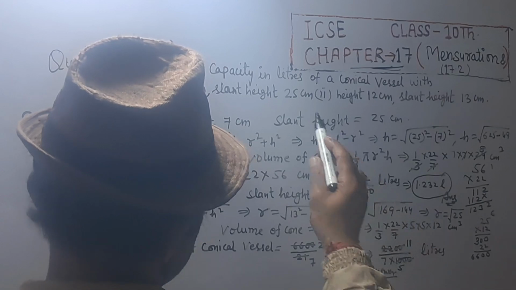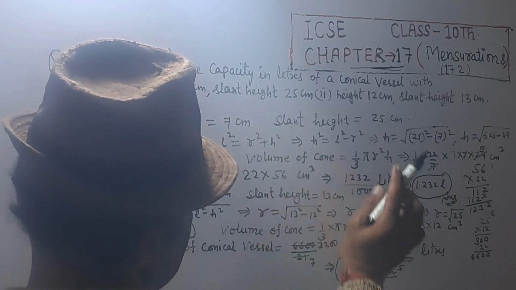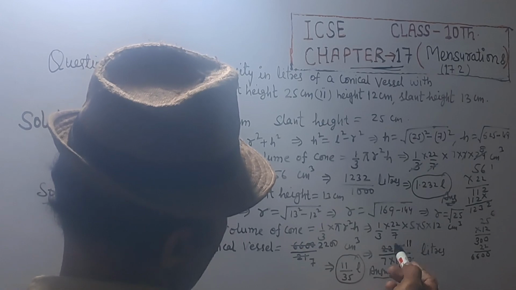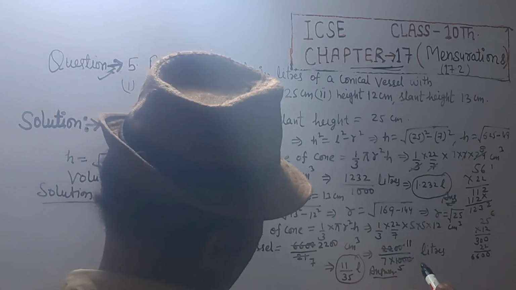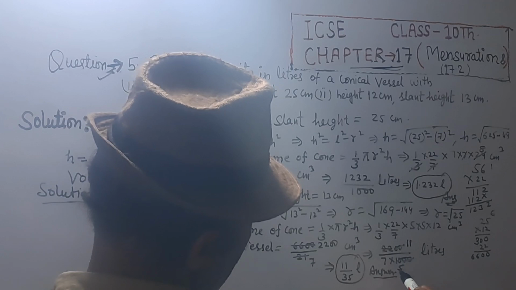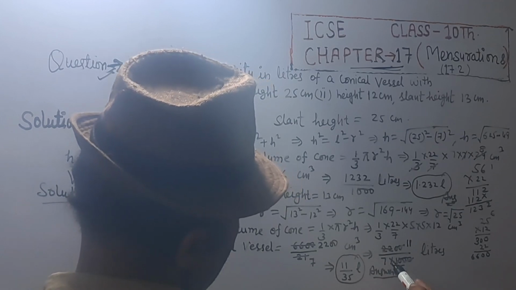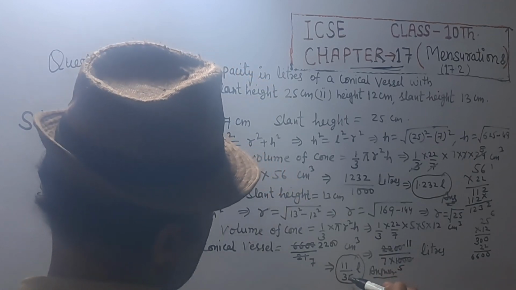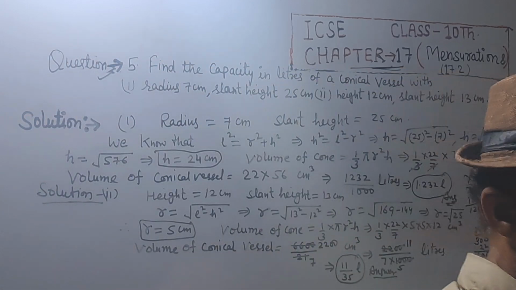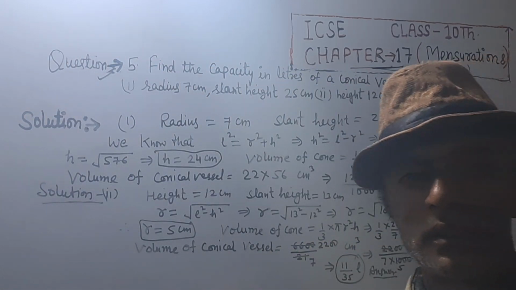And we find the capacity in liters divided by 1000. 11 2s are 22 and 2 0s are cancelled. 5 2s are 10. 7 5s are 35. 11 upon 35 liters, answer. Thank you.